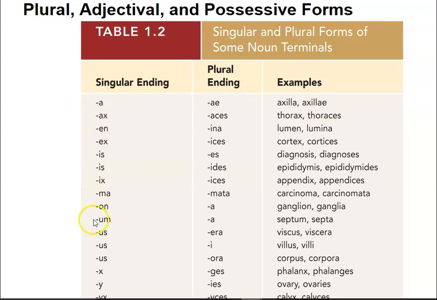Then for words ending with on, the plural form will end with a. For example, ganglion, the plural form will be ganglia. So this table can help you get used to how the anatomical terminologies are different from regular English words.